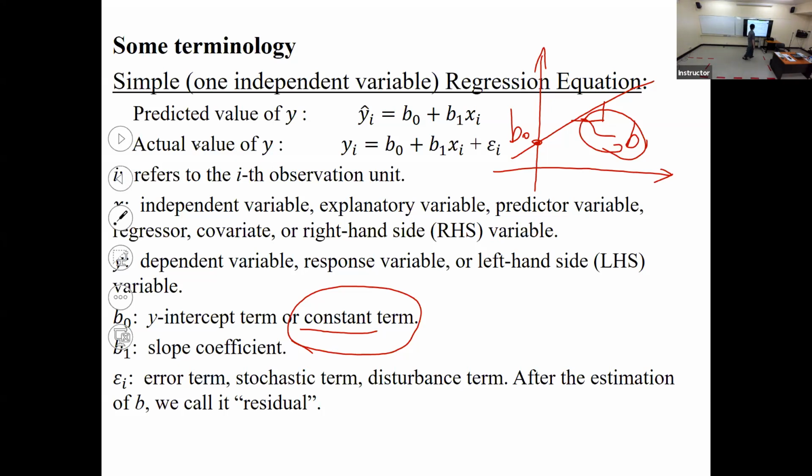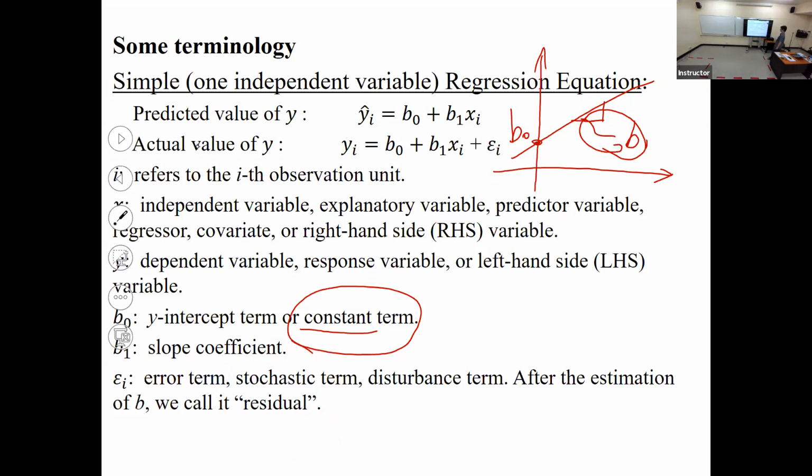Now, after estimating the B coefficients, that means after drawing the line, after deciding the line, you can consider the difference between the actual dots and the estimated line. So after the estimation, we call this epsilon term residual. Residual is something that's not explained.